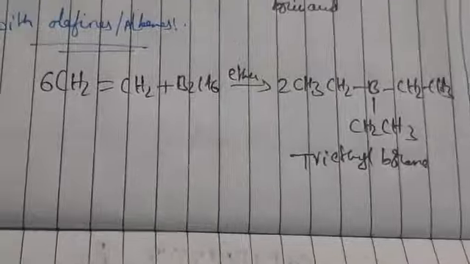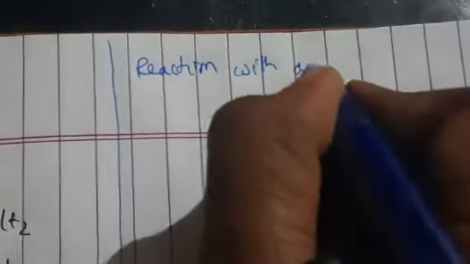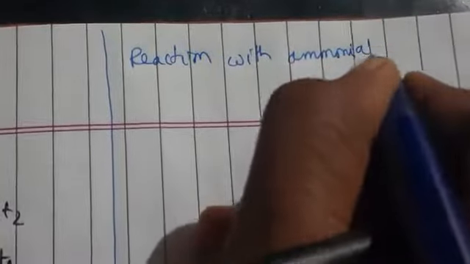Next, if you react with boron trichloride, it will form boron trichloride or boron tribromide. Next property, the reaction with ammonia. B2H6 plus 2NH3.